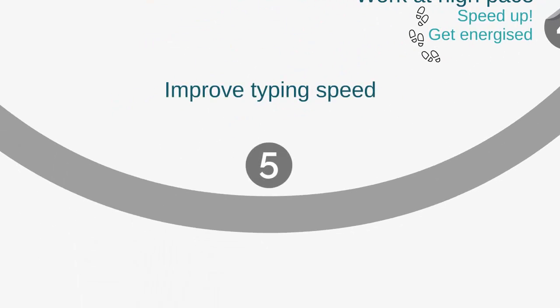Tip number 5, if you feel that you are a slow typer, try to improve your typing speed before the exam. Now, I'm not saying that you're going to go from being a slow typer to being a computer programmer, but just doing something to improve your typing speed by a couple of words per minute will help. Now, you actually only need to average around about 20 words per minute in the exam.